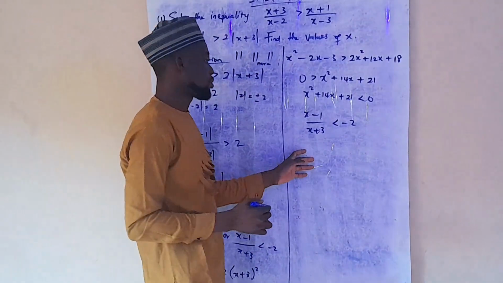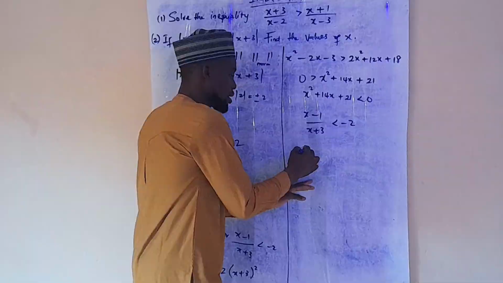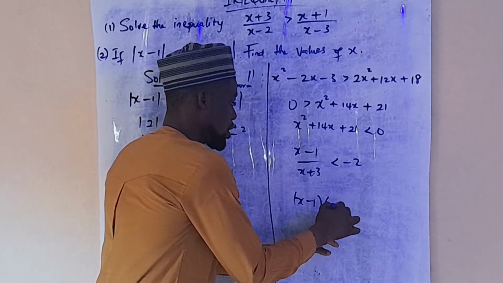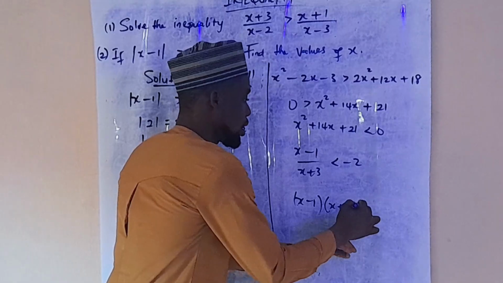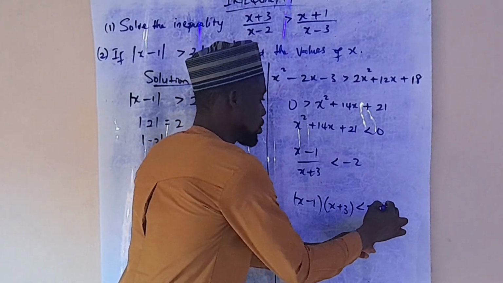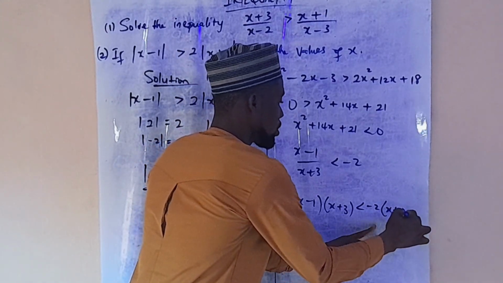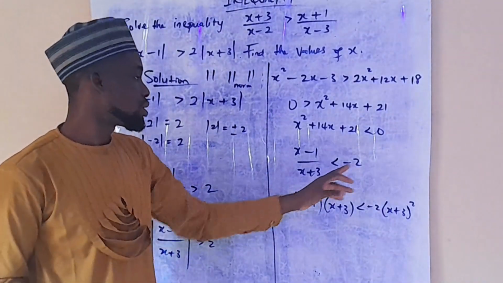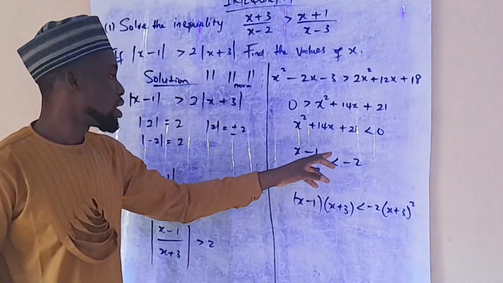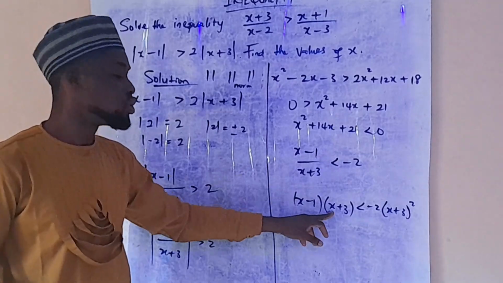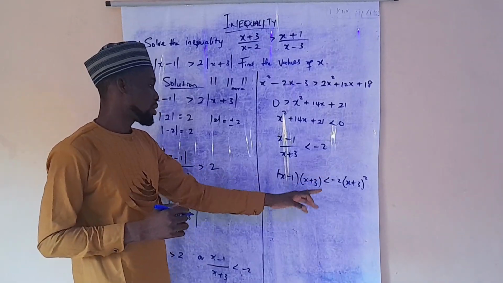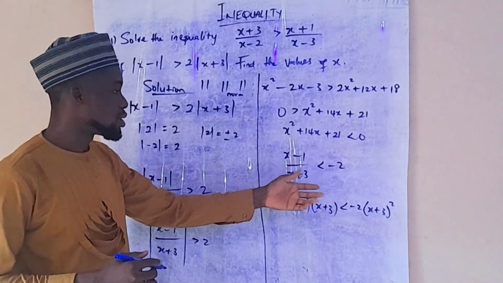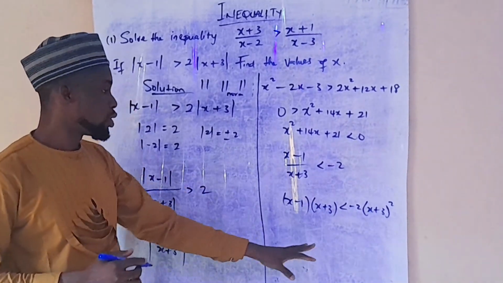At this point, multiplying, I'm going to have x minus 1 into x plus 3, to be less than minus 2 into x plus 3 all square. If I multiply all through by x plus 3 all square, one of them will cancel out here, remaining 1. This also multiplied by x plus 3 all square, those will cancel out because there's no denominator.